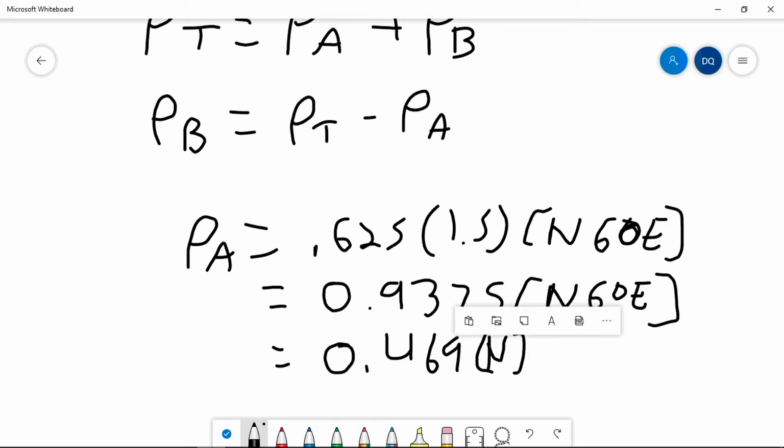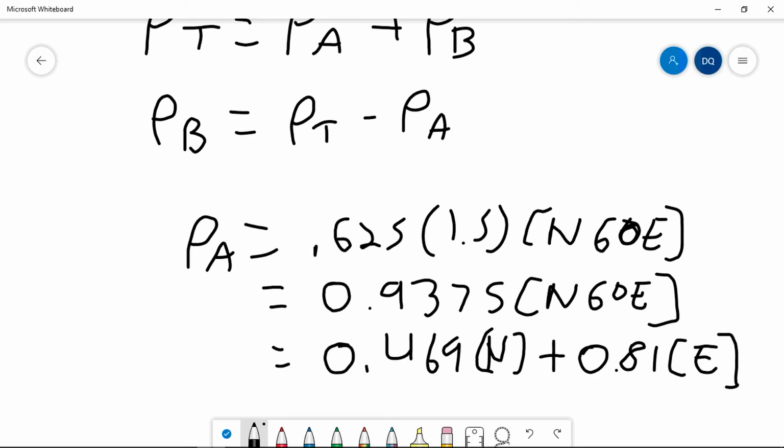And then when I multiply that by 60 degrees sine, that's going to give me 0.81 kilogram meters per second east. Let me just double check that. Yeah.